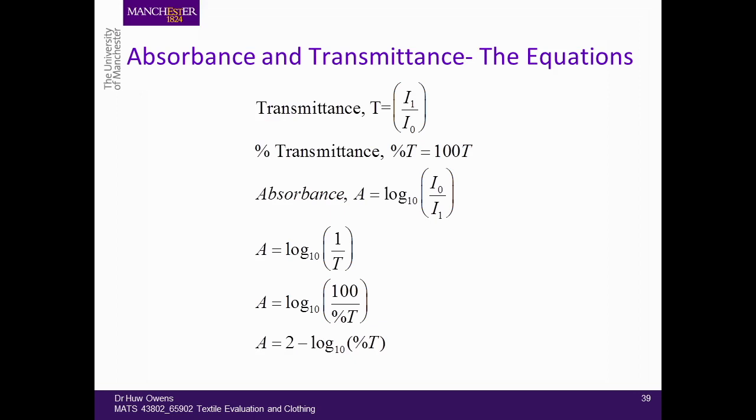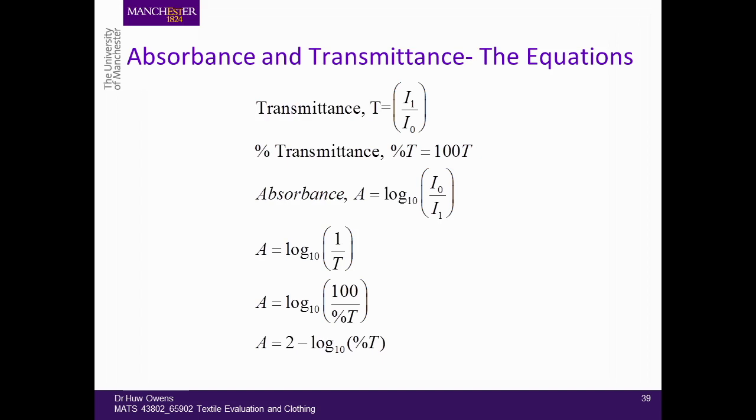So the transmittance is what's transmitted over our original amount of light. Okay, that's fine. If we want to work out the percent, we're going to multiply it by 100. The absorbance then is this logarithmic relationship, and we can write that in different ways.